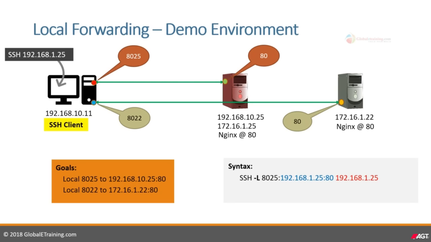And when we hit port 8022, the website comes from our machine 172.16.1.22. I would recommend you to pause for a couple of minutes, digest this diagram, make a mental picture, and get a good understanding of what we're trying to achieve here before you proceed. Okay, let's jump into these VMs and start configuring all this.